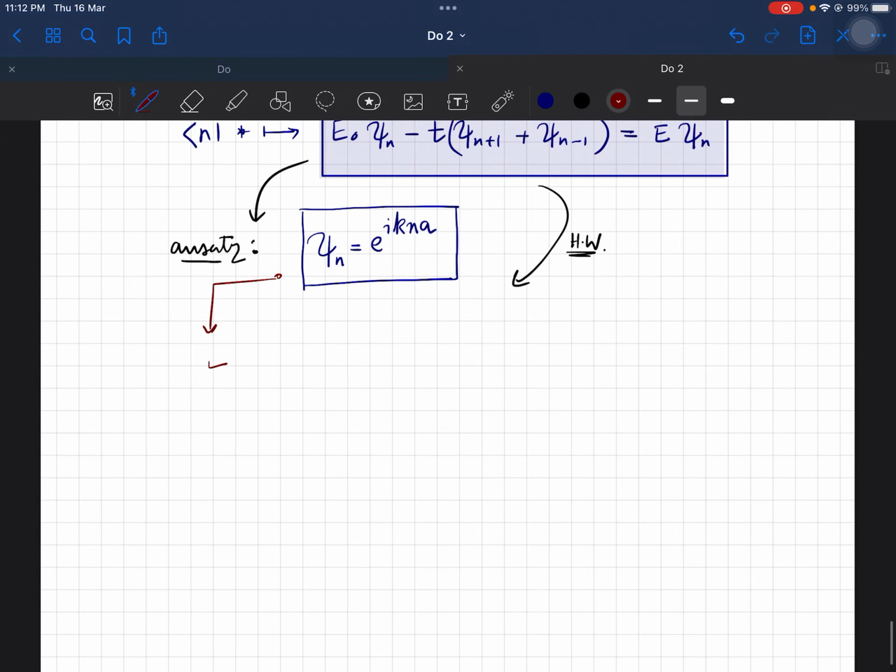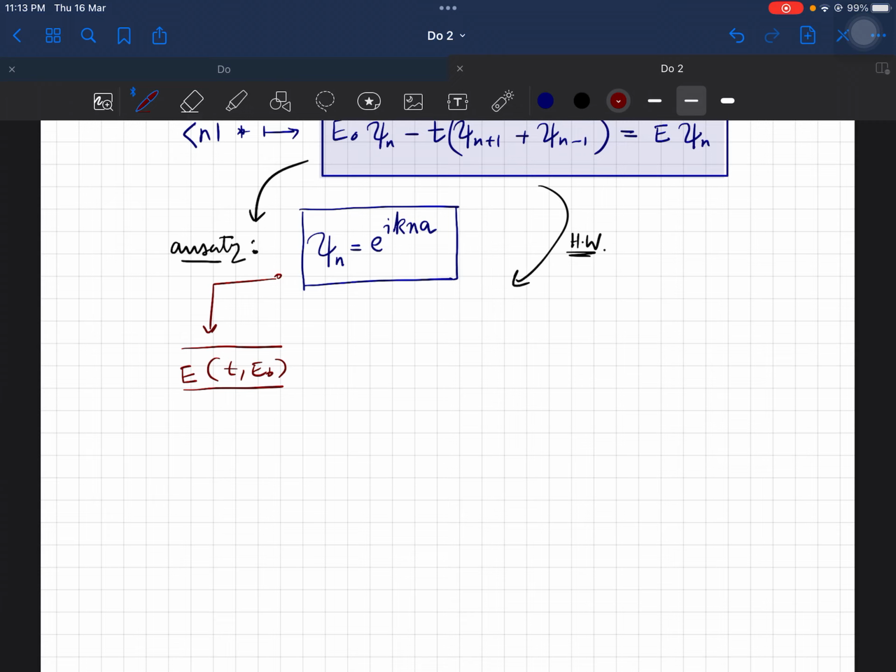Our motivation is to get E in terms of T and E naught. Well, not E exactly, E_n, for any general state psi_E.